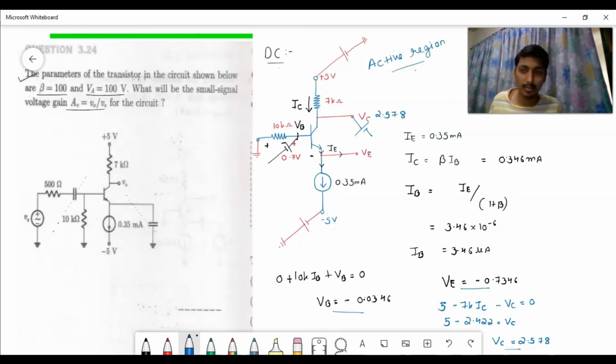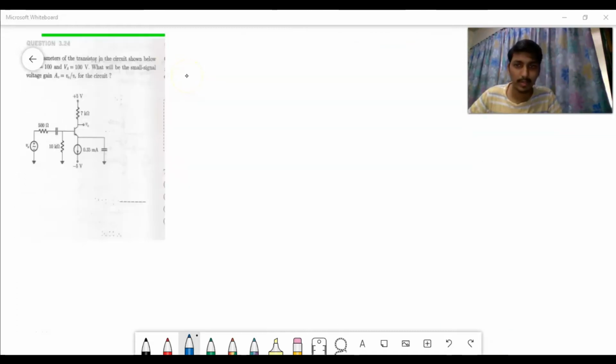So we will go to AC analysis of this particular circuit. For AC analysis, we will first draw the AC circuit here. In this, both capacitors will be short circuited, and the current source will be an open circuit.